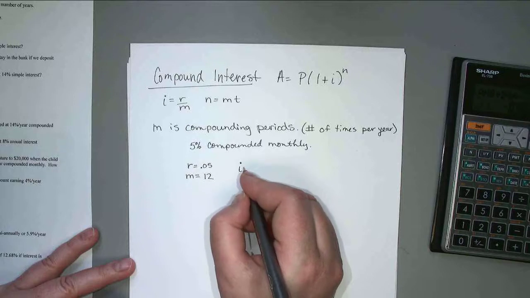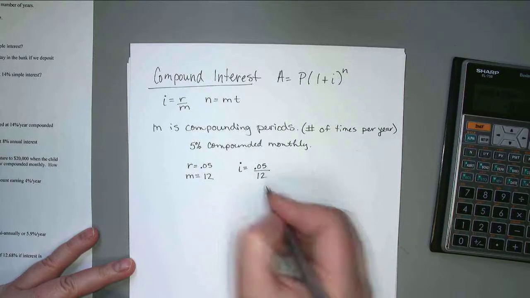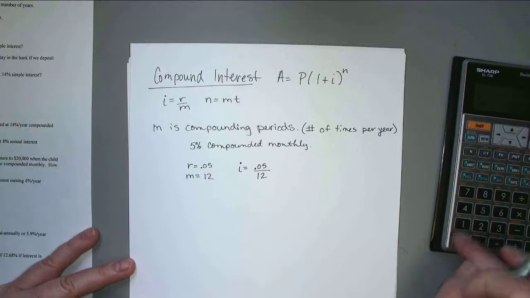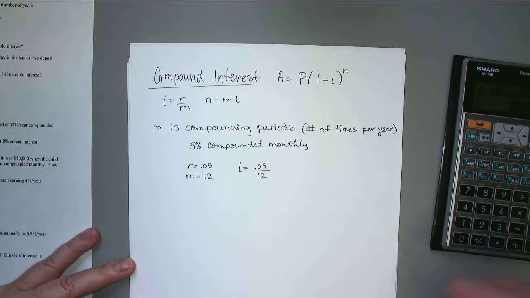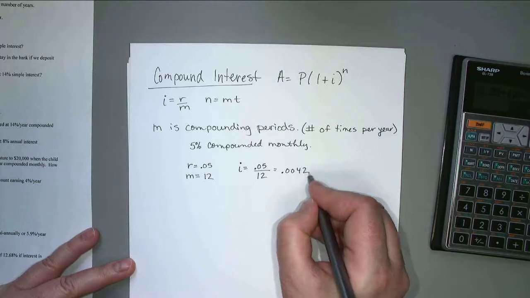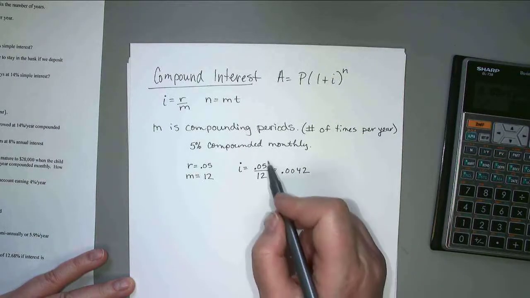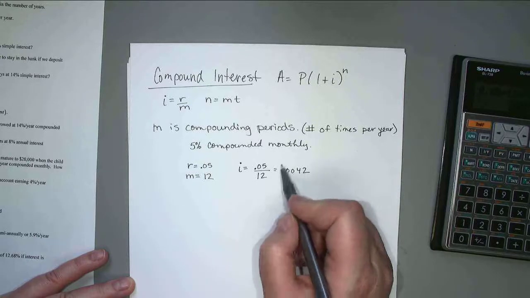So your interest rate that's used every month is 0.05 divided by 12. So your interest rate would be 0.0042. Okay, that isn't exact, so we actually don't round it off this way.